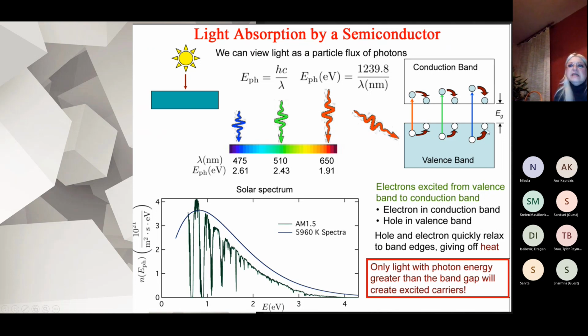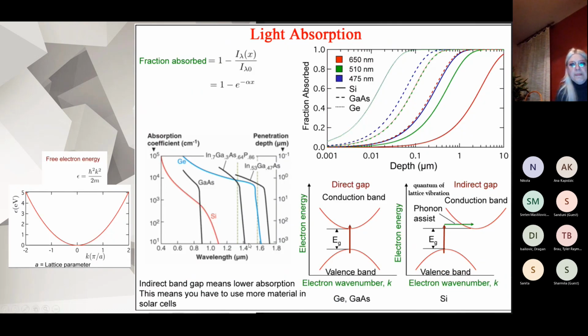So it's not always good to use the highest energy of the photon. There will always be some optimum band gap at which we can extract the maximum power. We will discuss this on one of the next slides. But it's also important to say that now we can look at the light absorption as a function of the fraction absorbed.